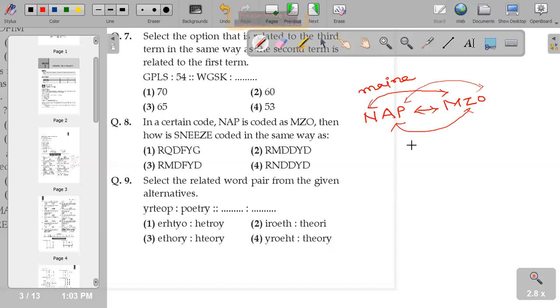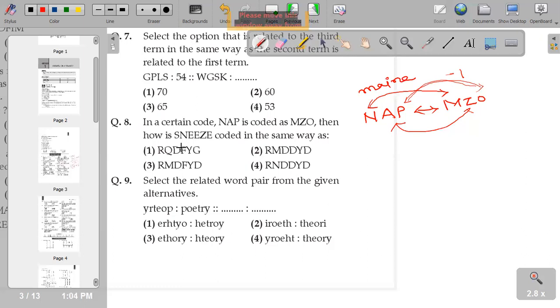Here it is not reverse. It is only subtracting 1 if we go from left to right. The questions will be framed on the basis of reverse, but here two alphabets are on the basis of reverse, and the one remaining alphabet is just subtracted.